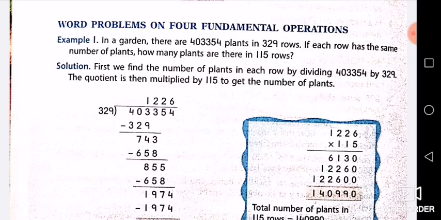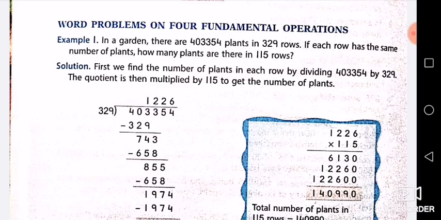We will divide this 4,03,354 by 329. Then we will get the number of plants in one row, and then we can find the number of plants in 115 rows. So, first of all we will do division and then we will do multiplication.